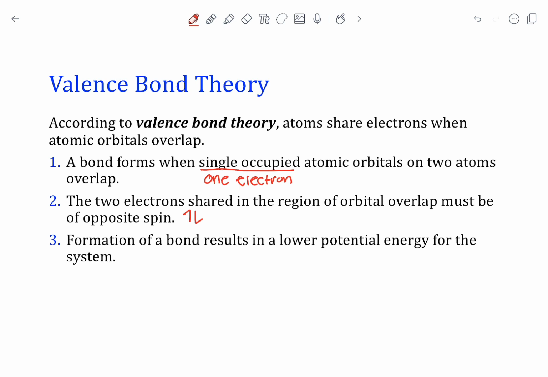The formation of a bond results in a lower potential energy for the system, for the molecule overall. So the electrons would rather be in bonds than unpaired. And that's going to come in handy in our next few sets of slides where we're going to talk about how electrons can rearrange themselves through valence bond theory.